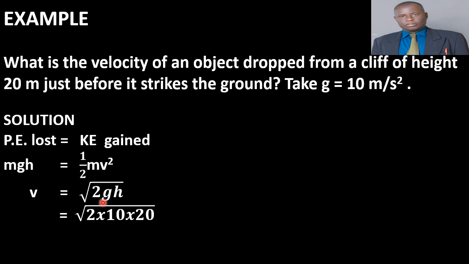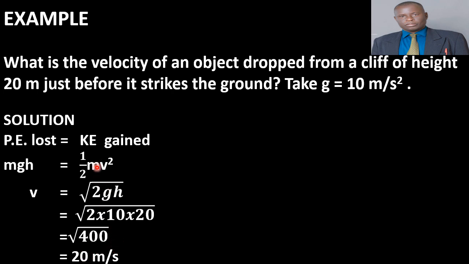So upon substituting, we know g is 10, we are given here 10, and h is 20 there, so you multiply 2 by 10 by 20, you should be able to get 400. So you take the square root of 400, on your calculator or without it, you find that the speed is 20 meters per second.